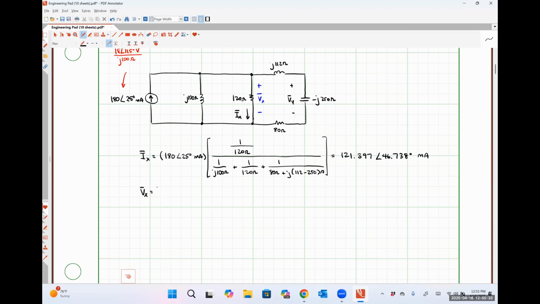Our voltage Vx is just going to be our 120 ohm resistance times our phasor current Ix. So that's 120 ohms times this 121.397 angle 46.738 degrees milliamps.